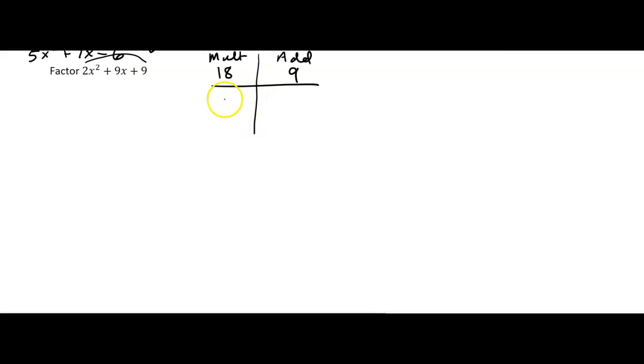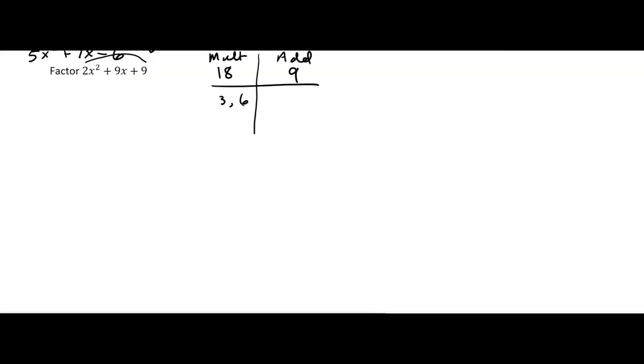Okay, so I threw in another example just so you can see another one. So here we go with the grouping method. You're going to go 2 times 9, which is 18. So we want two numbers that multiply to be 18 and add to be 9. So stop the video if you want, think of the numbers. Maybe you already have them. It's going to be 3 and 6, right? 3 times 6 is 18, and if I add 3 and 6, I get 9.